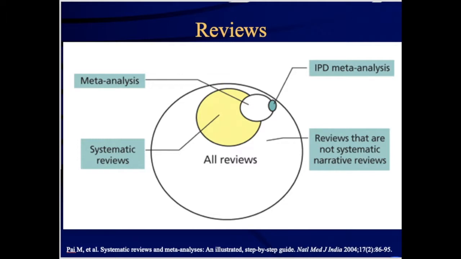So again, when authors decide to do a meta-analysis, they may just have data from the published article. But on the other hand, they may contact those authors of the published reviews and ask for the authors to share their raw data from each individual patient, and then combine the individual patient data from several studies into one meta-analysis.